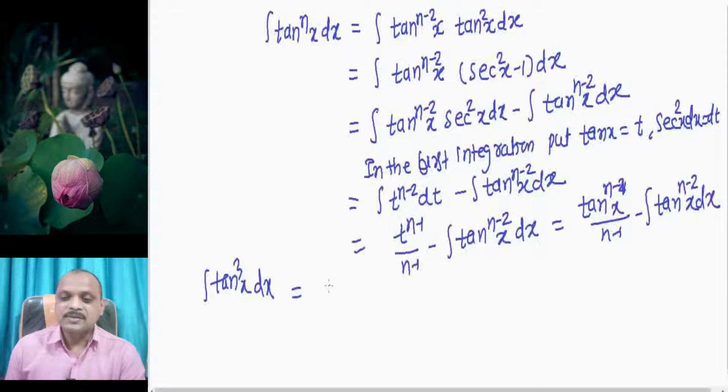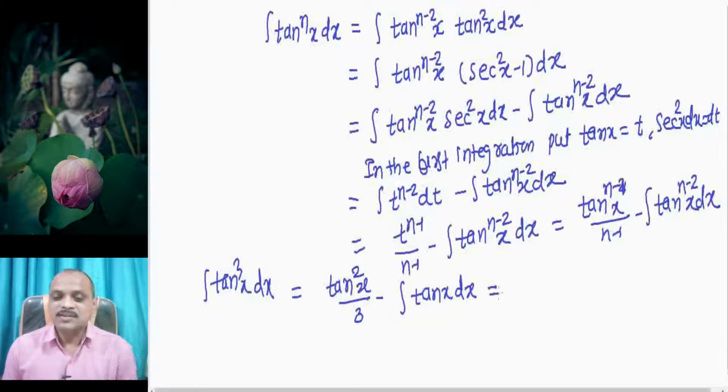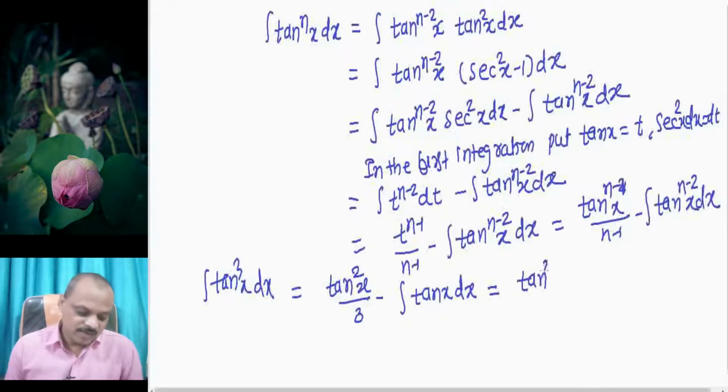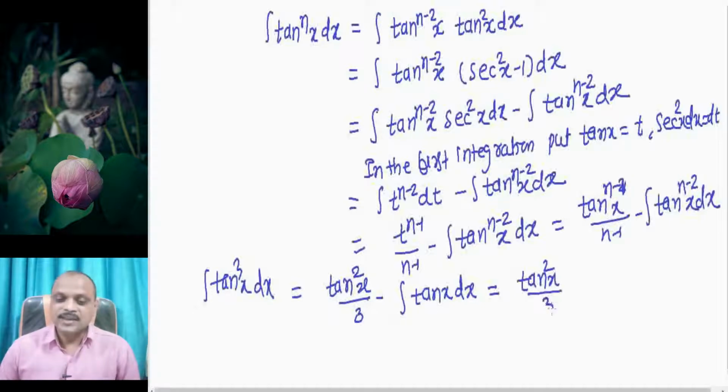Tan raised to 3 minus 1, that is 2, tan square x divided by 3 minus integration of tan x into dx, equal to tan square x divided by 3 minus, and integration of tan x is minus log of cos x.